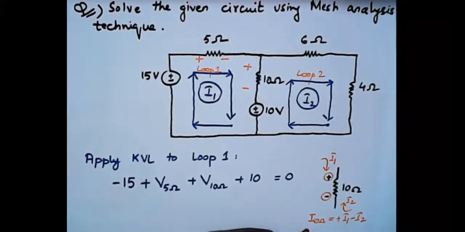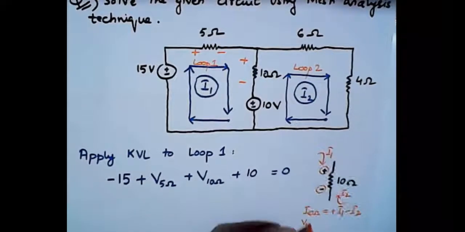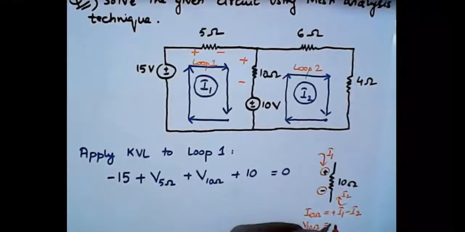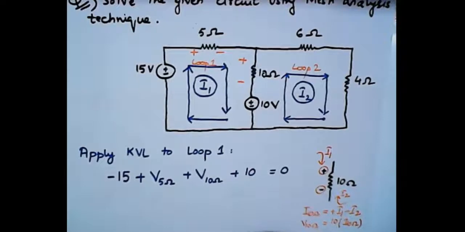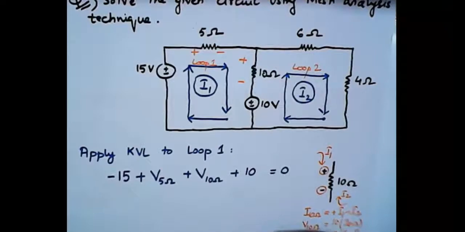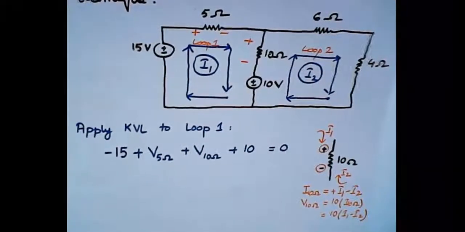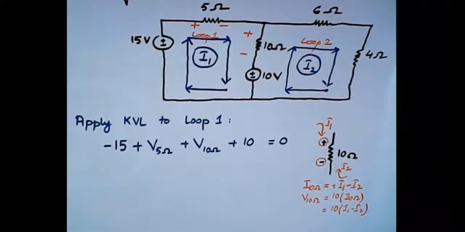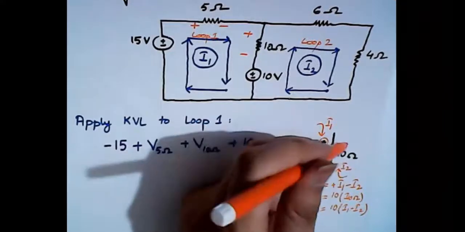So the voltage drop at this resistance, V 10 ohms, is equal to 10 times I 10 ohms, or 10 times (I1 minus I2), because the net current through this resistance is I1 minus I2. Neither complete I1 is flowing through this resistance nor I2. I1 current is entering in one direction and I2 current is in the opposite direction.